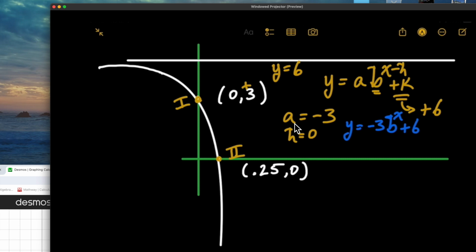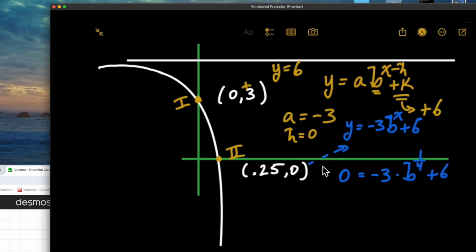We're now going to plug in Roman numeral 2 to get our b value. And whenever I have 6 and b in the same equation or expression, I put a little tail on that b to differentiate it from the 6. Okay, our y value is 0, and we're going to have negative 3 times b to the 1/4 power, that's 0.25, plus 6.